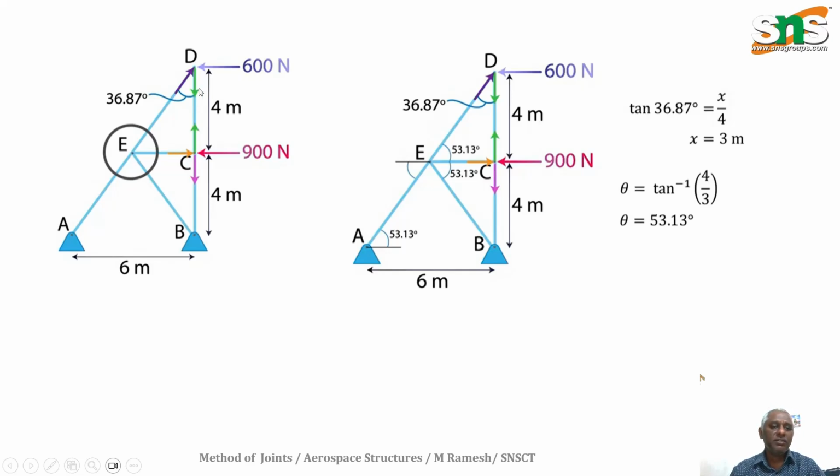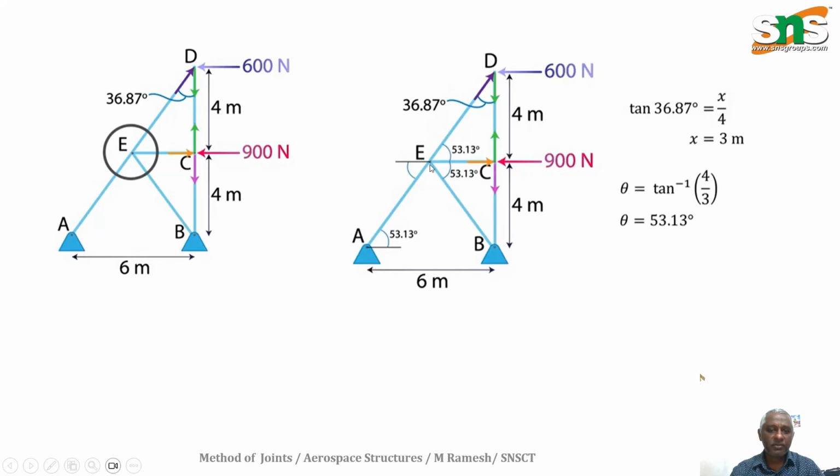So this angle of inclination we already found as 36.87. From joint C I can draw the free body diagram: 900 Newton, and this is FCD, that value we already found out, this is FCB, this value already found out, and FCE. Sorry, actually we are taking joint E only.